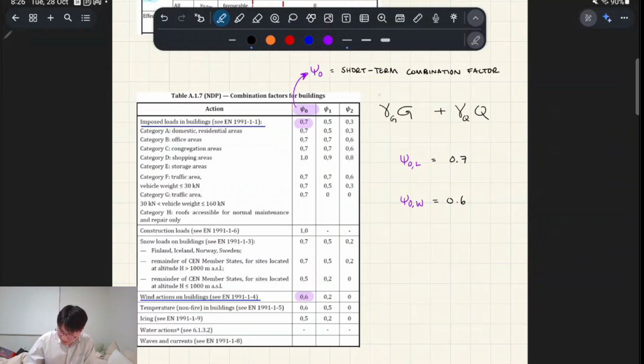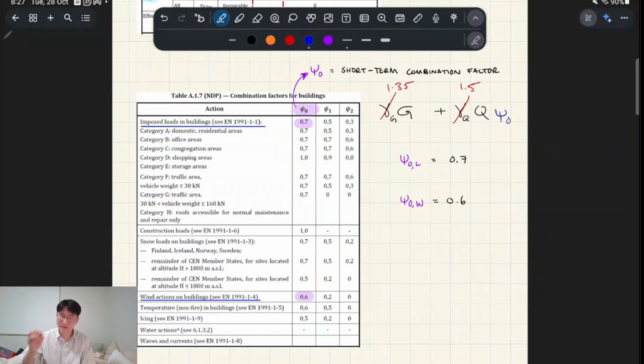That could be 1.35, and that could be 1.5. But now we have an additional factor for each Q, or each time variable load, which could include wind as well. Now we also have a combination factor.